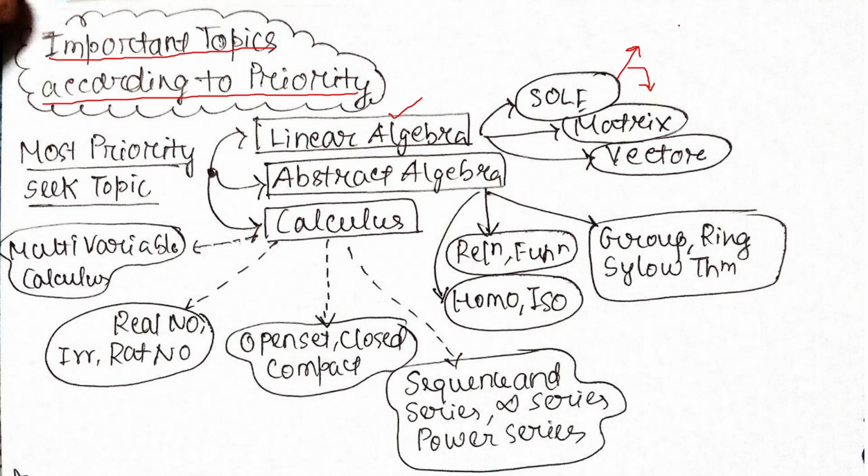Then what are the subtopics of SOLE? You can check your syllabus also in your graduate programs. And the next important thing is matrices. Matrices are very important in 12th standard. Everyone read or understood the concepts of determinants and matrices, basic things.